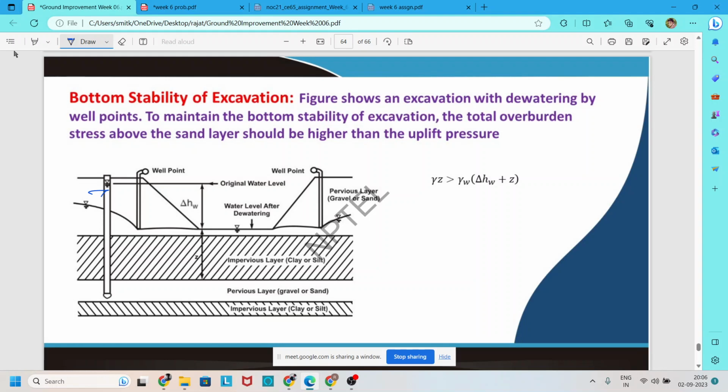So we have to maintain this arrangement, that is, the overburden pressure should be greater than the uplift pressure. To maintain this, we need to lower the groundwater table. For that, we need the dewatering technique, which is already discussed here.